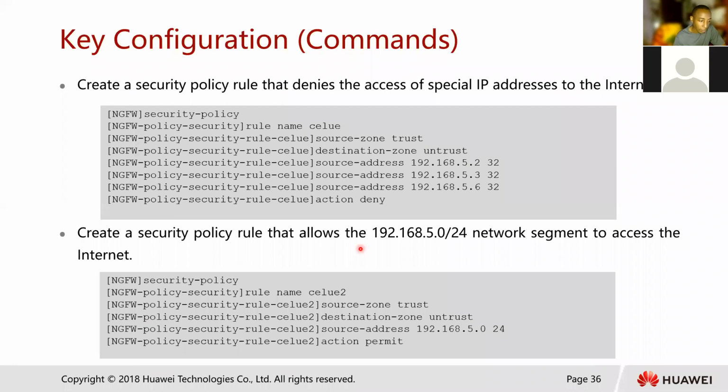Who can answer? Who can answer that? Hopefully, maybe there's some people who have done subnetting here. I've asked, why is it that when you are putting the individual special IP addresses to be denied the access to the internet as /32, but when you're putting the network segment, you are putting /24.